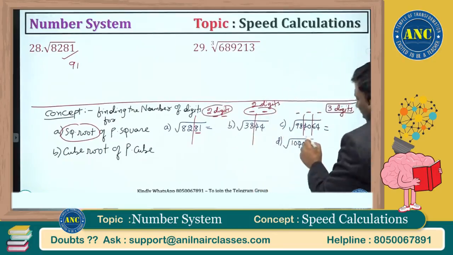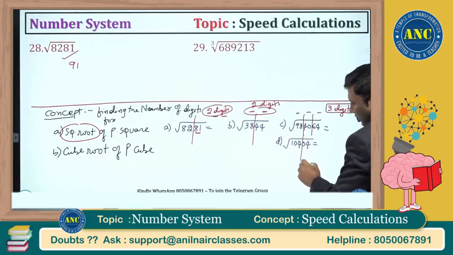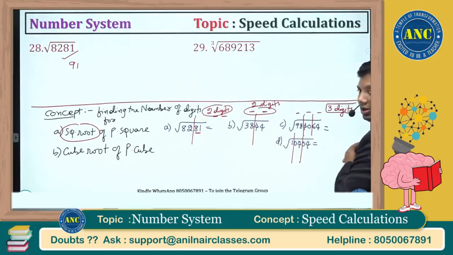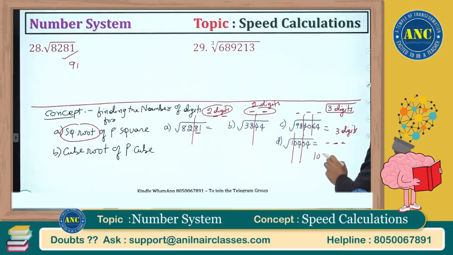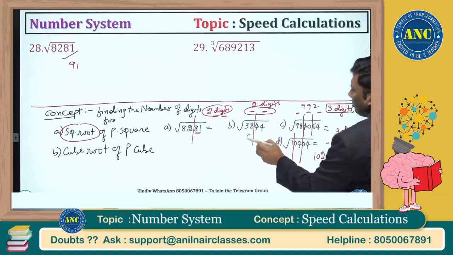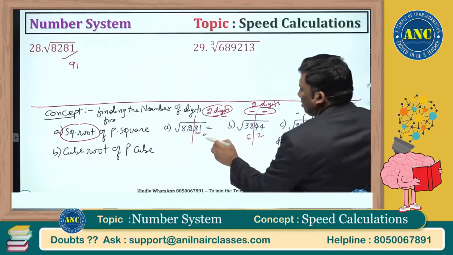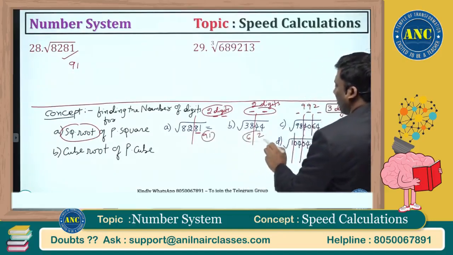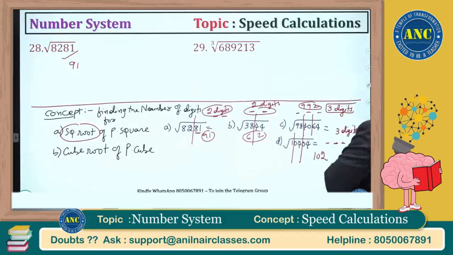Last question: start from the rightmost, take a group of 2 digits. 04 is one group, and the remaining digit 1 can be written as 01. The last answer has 3 digits. In case you want to check, these are 102, 992, 62, and 91. The number of digits are matching with the answer.